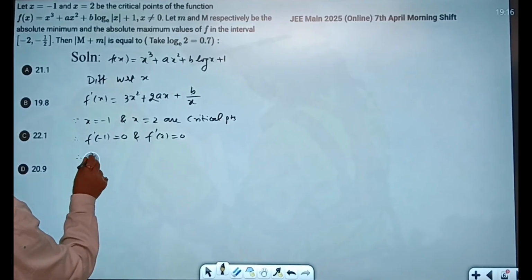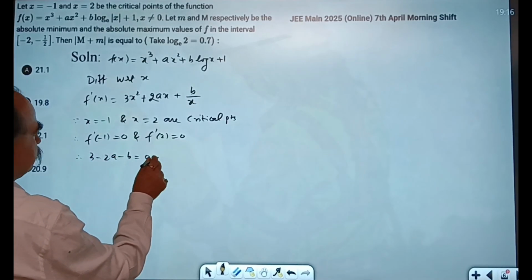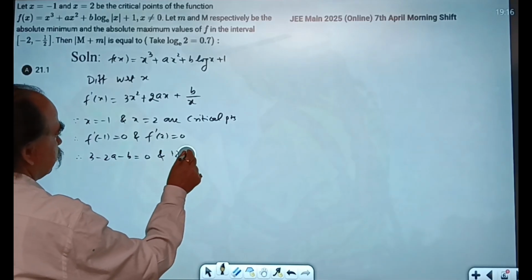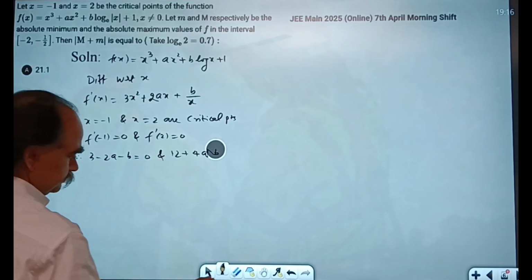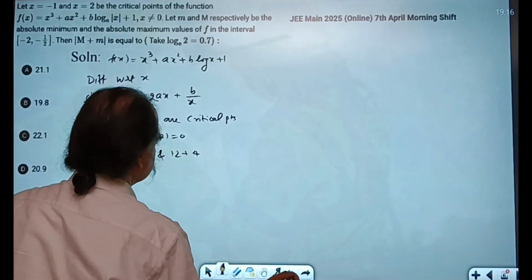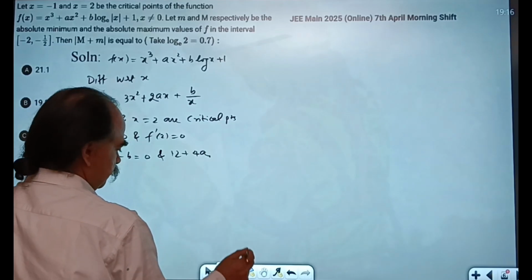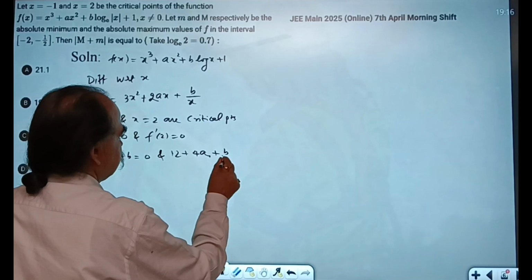So 3 minus 2a minus b is 0, and 12 plus 4a plus b by 2 is 0.